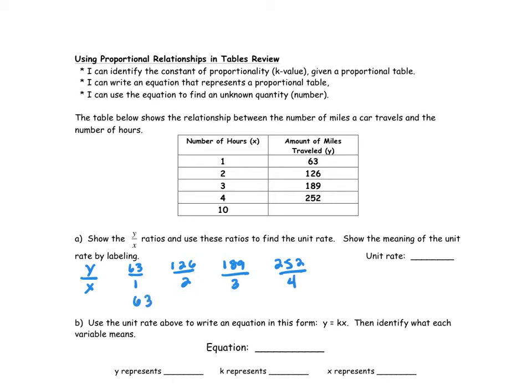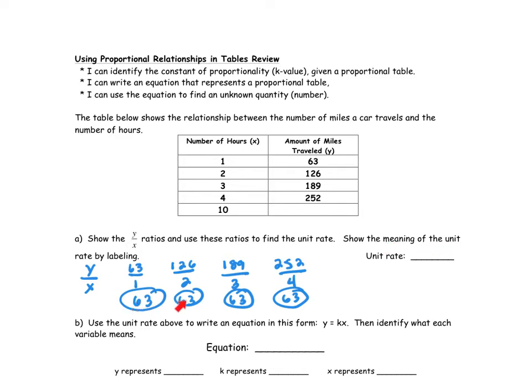And in this case, these are all 63. So this is indeed a proportional table. If you're ever asked to prove that, if your Y values divided by your X values are the same number, then it's proportional.